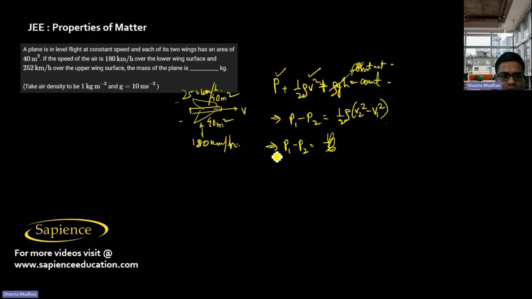Now we have to find the upward force, that is the dynamic lift force, that should be equal and opposite to the weight of the plane. Then only it can have a level flight.